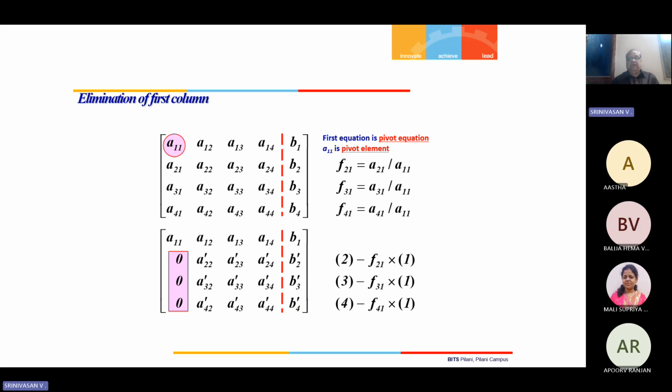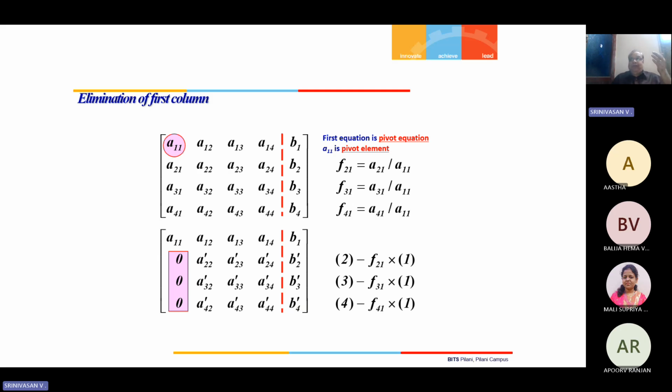Now, A11 is the pivot element, not equation. This is your pivot element, that is from where you are starting.